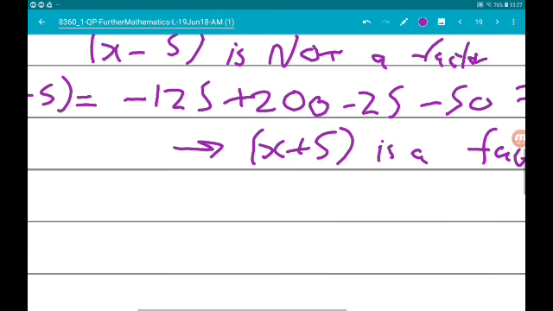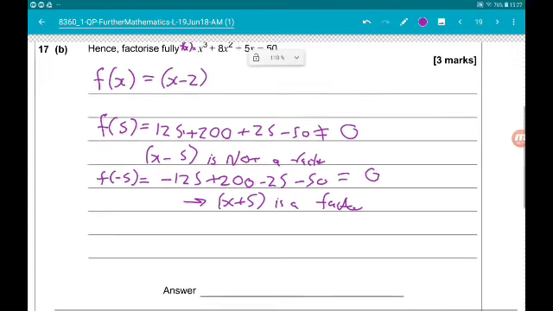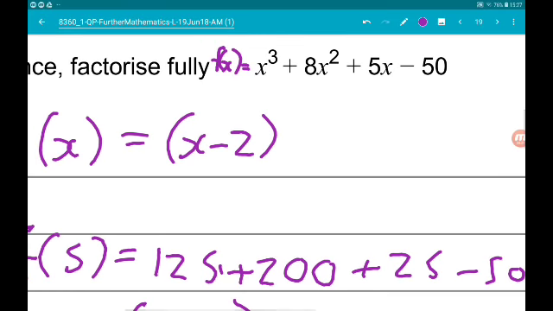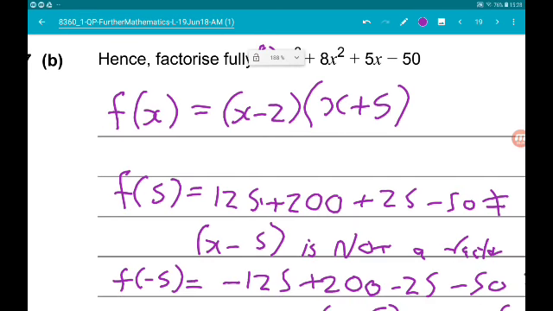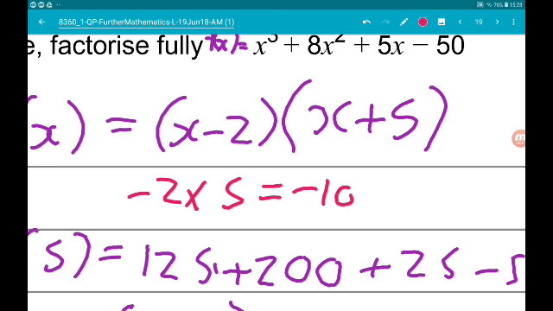So, up to here then, we now know that f of x is x minus 2 times x plus 5. Now at the moment, we know that minus 2 times 5 is minus 10.